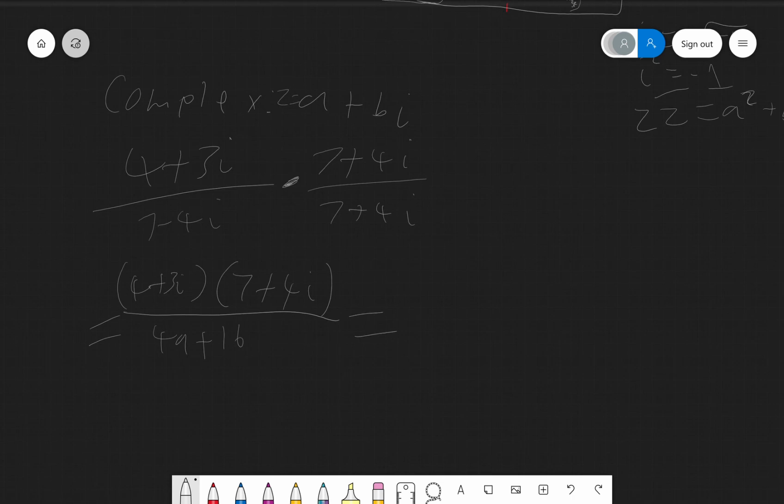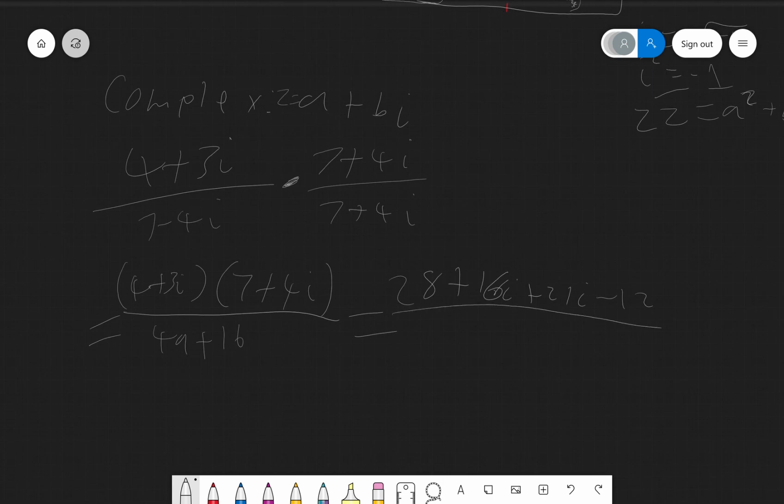We expand the top and we get 28 plus 16i plus 21i minus 12, because i squared is negative 1. So a good tactic is just to act like i is a variable, like x, and expand it, and then if you see an i squared or an i cubed, we simplify it.